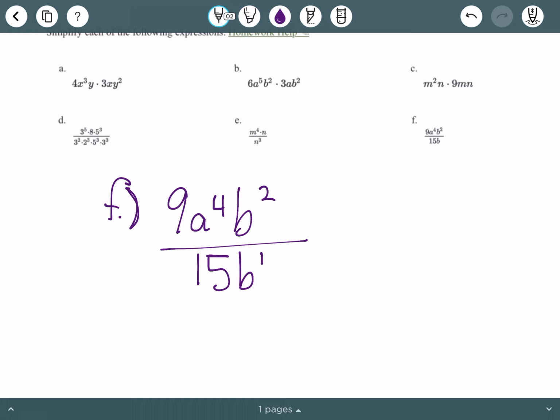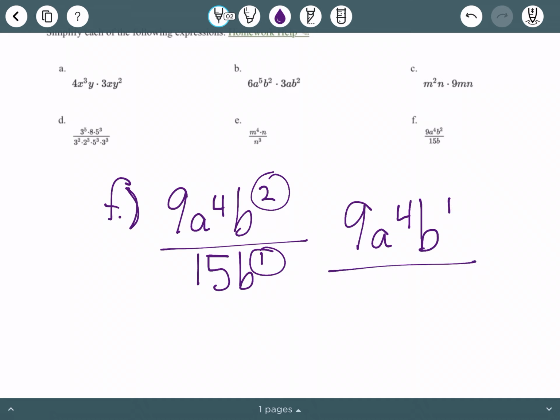So it's going to be just b to the first, right? Because we subtract 1 from 2, we get b to the first. So we're going to have 9a to the fourth, b to the first, over 15, right? Because we subtracted that b to the first away, so we're just left with 15 on the bottom.